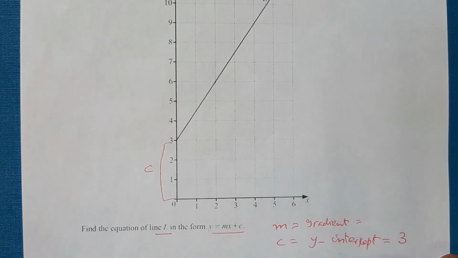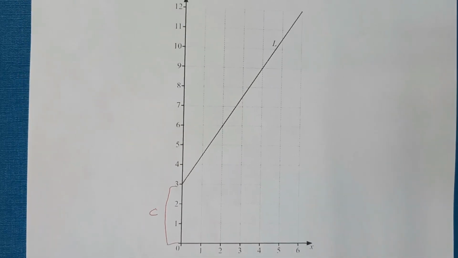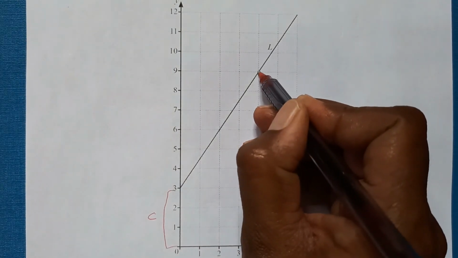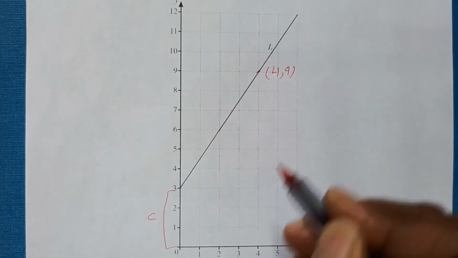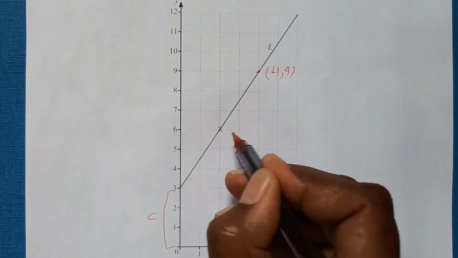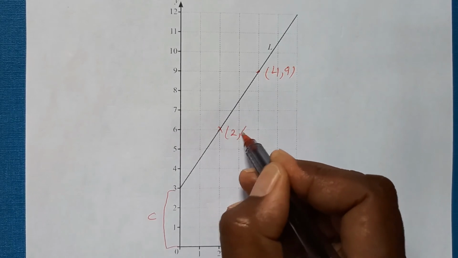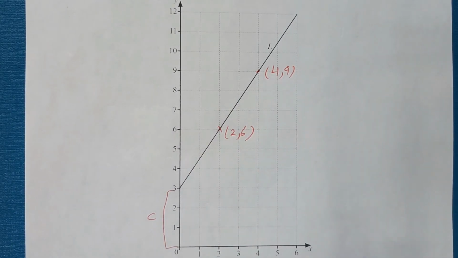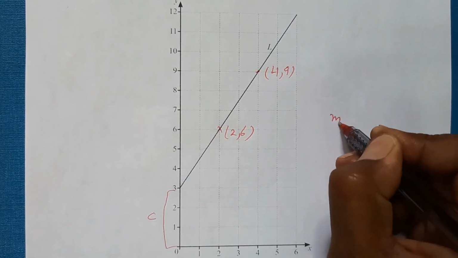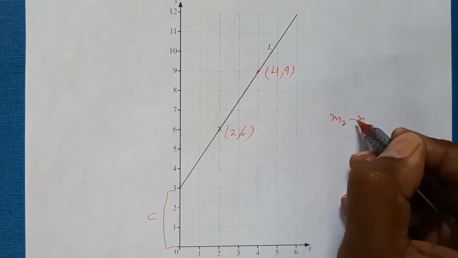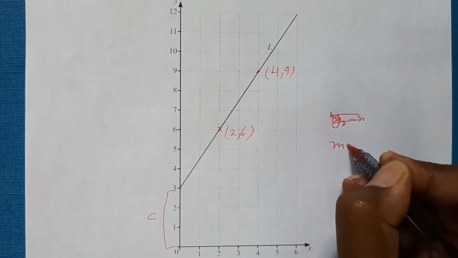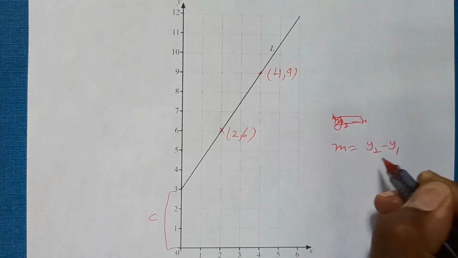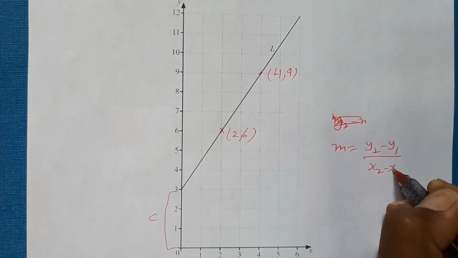Gradient can be found by taking any 2 points. So I'm taking this point here. x is 4 and y is 9. For the other point we can choose this one, which is 2 and 6. So gradient is y2 minus y1 over x2 minus x1.